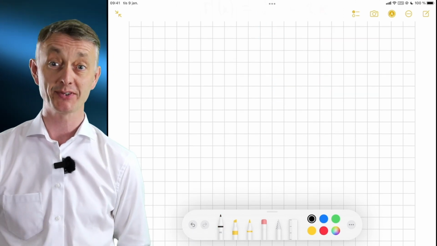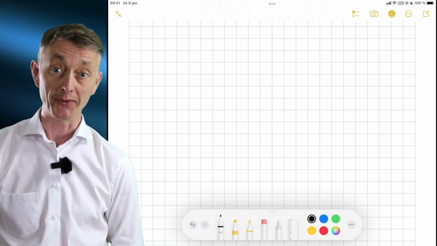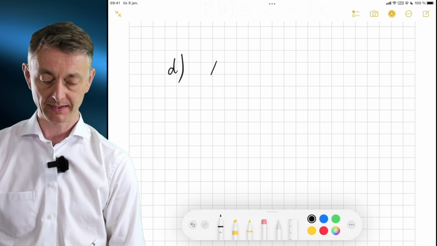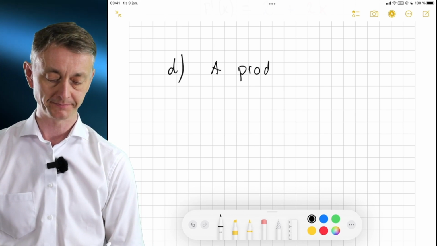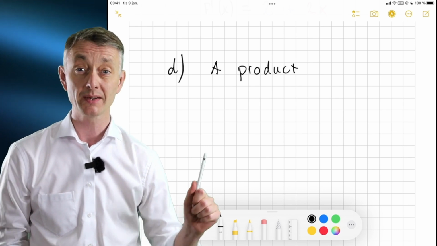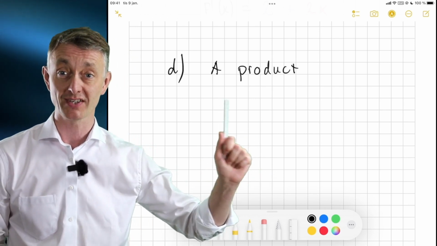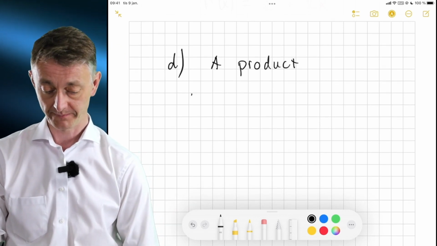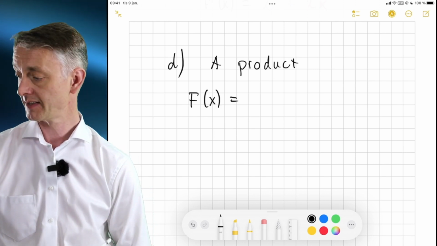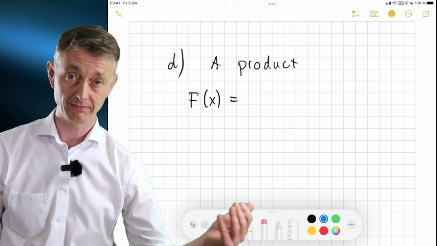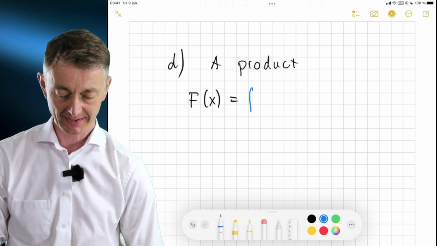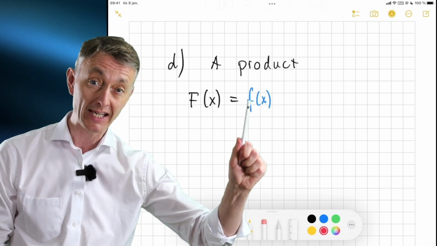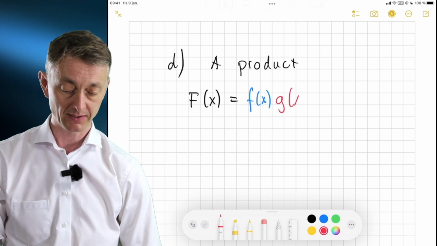There may be other types of functions that we want to take the derivative of with respect to x, and here is another class, namely a product. By that I mean a product of two different functions of x. So let's assume we have a function of this form. F of x is equal to, and now we bring back our old friend f of x, and this time we will multiply f of x by g of x.